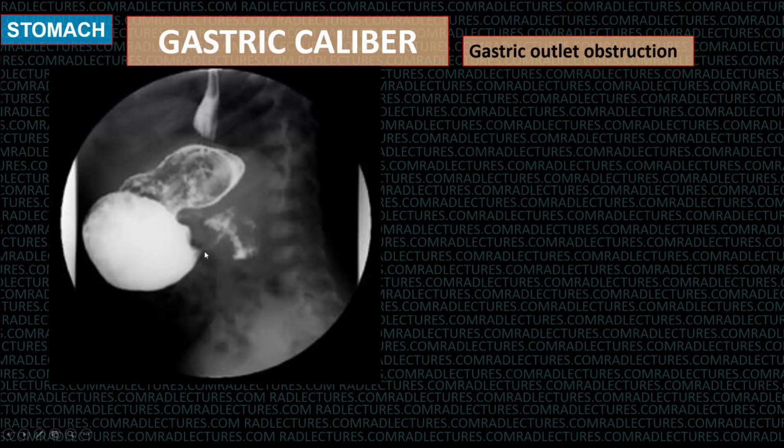And if you do a barium study, you find that there's a string sign, which is a very narrow and elongated pyloric canal. That's a very specific sign. If it becomes more than 2 centimeters, it is diagnostic or highly suggestive of hypertrophic pyloric stenosis.